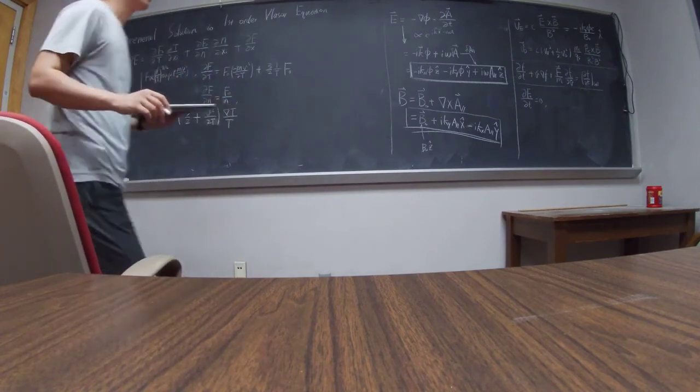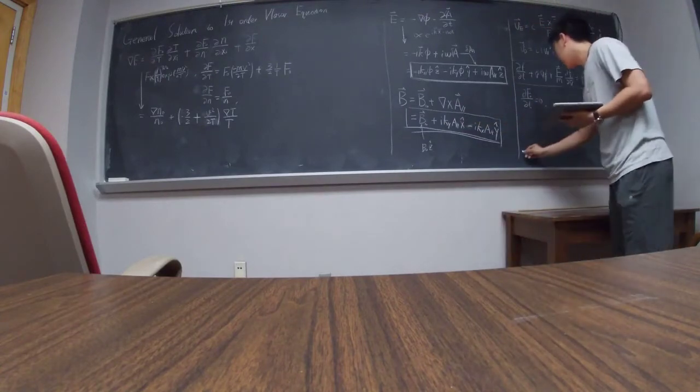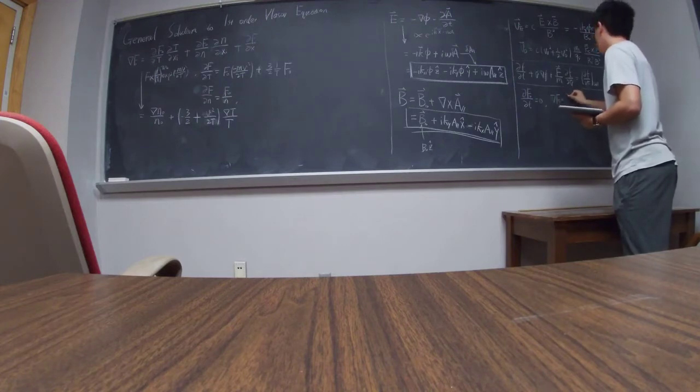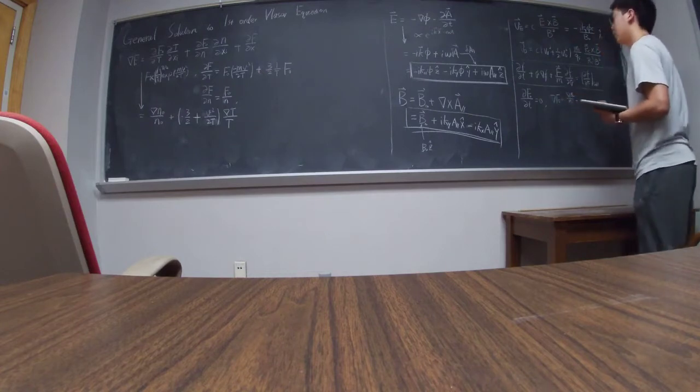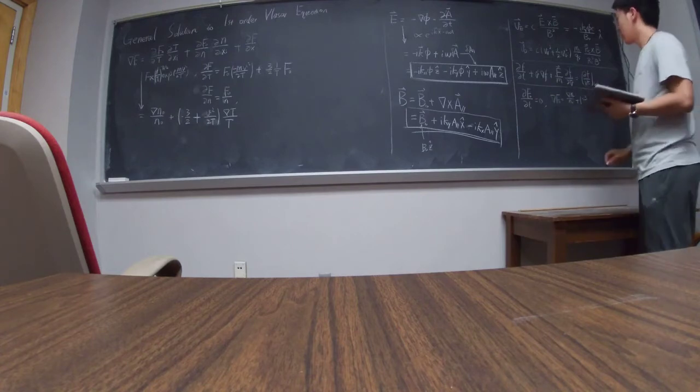So the on the chalkboard, that's great. So let's write it down: del n naught over n naught plus v squared over 2t del t n naught over t. There we go.